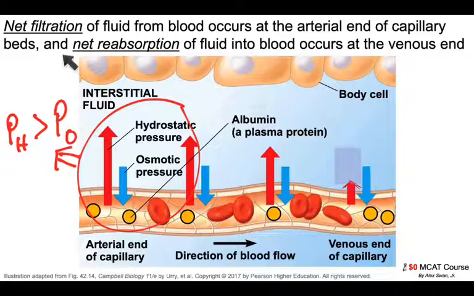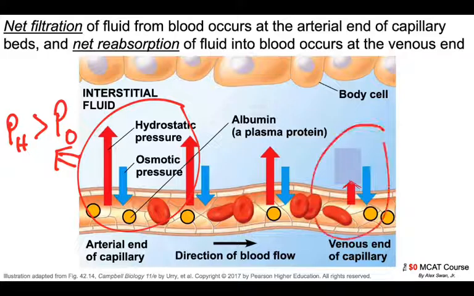We're going to have a net filtration of fluid from the blood at the arterial end of the capillary, because this hydrostatic pressure that is pushing the fluid out of the blood is greater than the osmotic pressure, which would move fluid the other way.